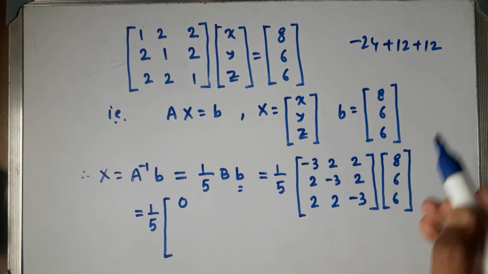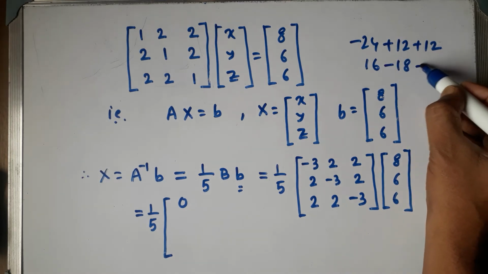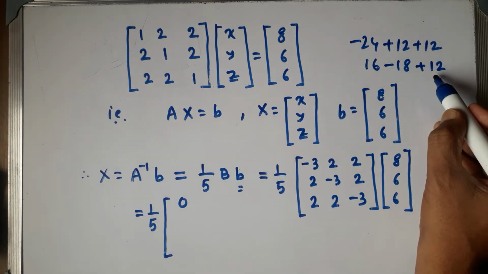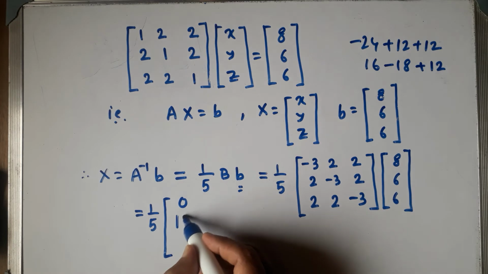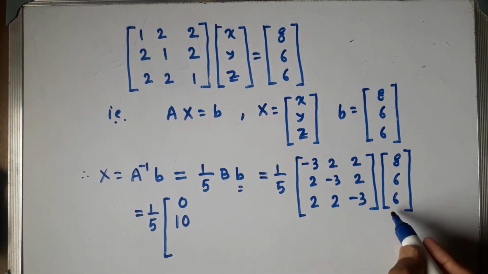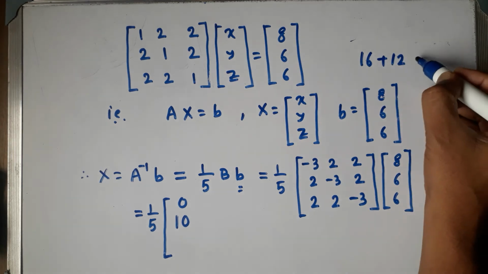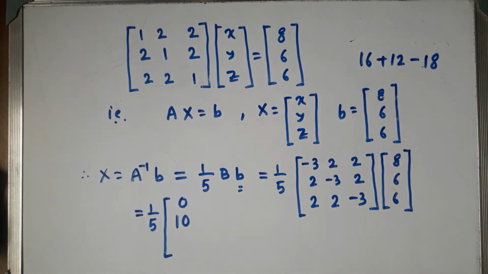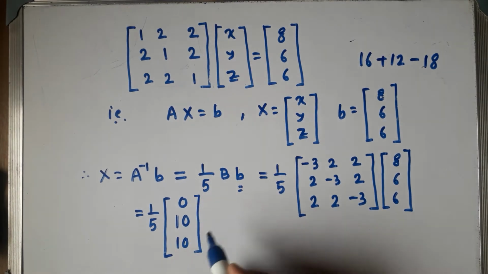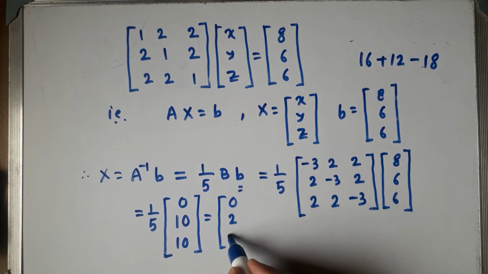Second is 16 minus 18 plus 12, and this value is 10. Third is 16 plus 12 minus 18. This is also 10, which is equal to 0 2 2.